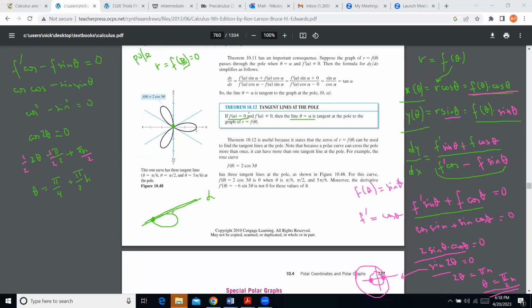So the function will be tangent. It's not going to go somehow around this. No, it's going to be exactly coming to that pole.